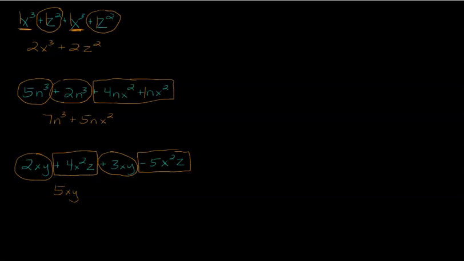So what's 4 minus 5? It's a negative 1x squared z. Now, on Schoology, you don't have to put that 1. You could just put minus for negative, and that would be your answer. All right, bada bing, bada boom.